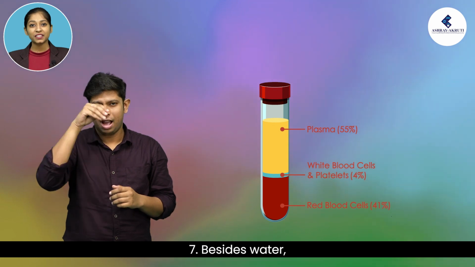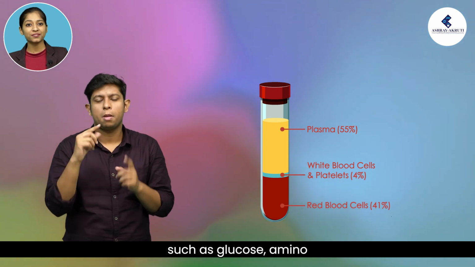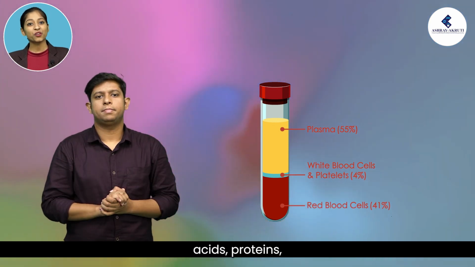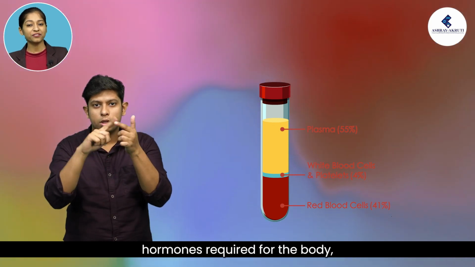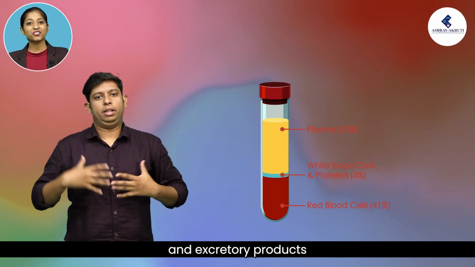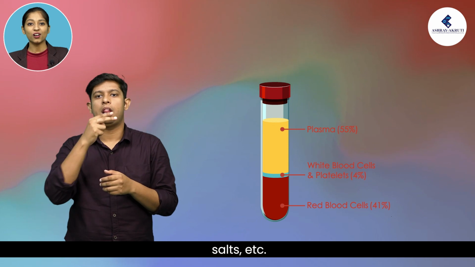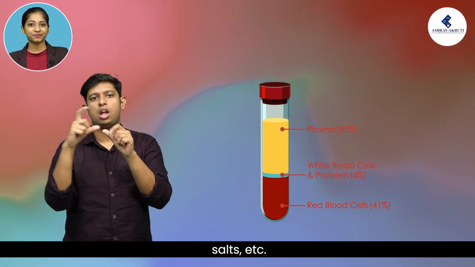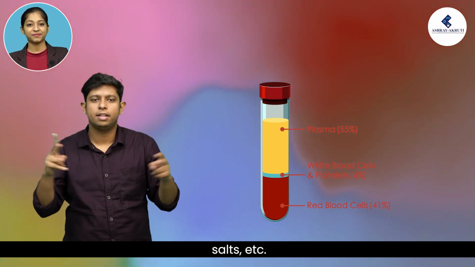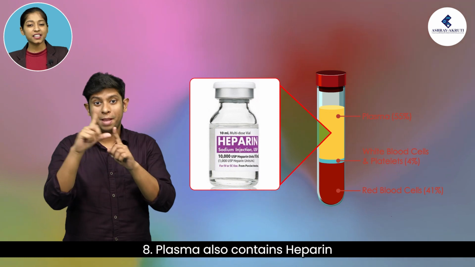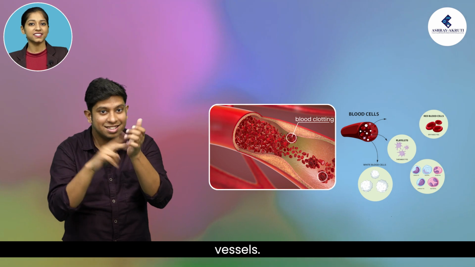Besides water, it also has several nutrients such as glucose, amino acids, proteins, vitamins, hormones required for the body, and excretory products such as lactic acid, urea, salts, etc. Plasma also contains heparin, which prevents blood clotting in blood vessels.